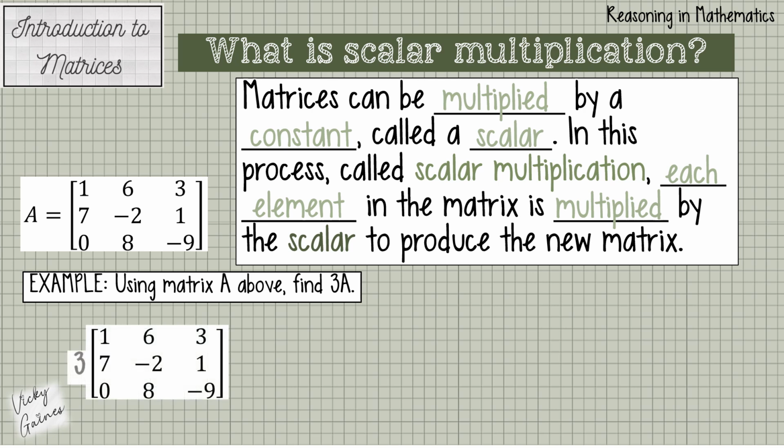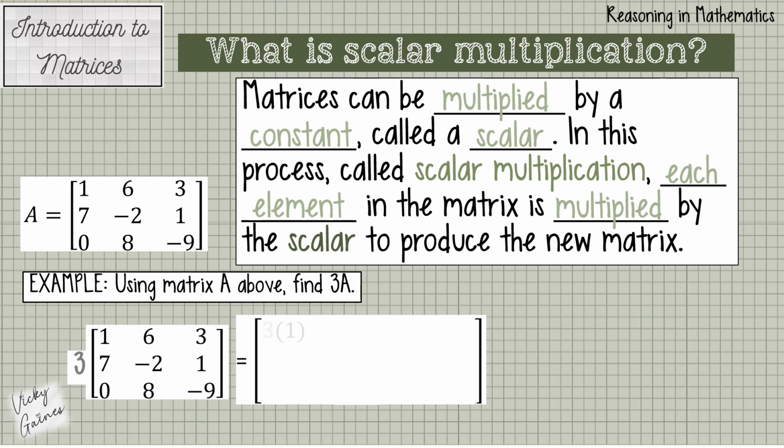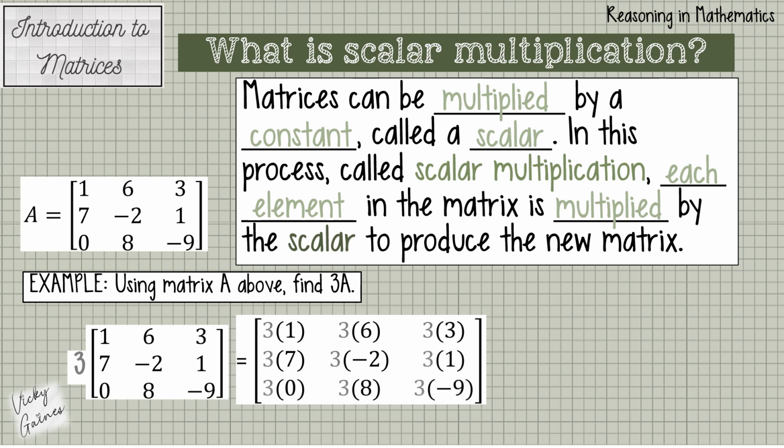So to do 3A, and that's how you can write it, just with the 3 out front, we multiply every single element by 3. So 3 times 1, 3 times 6, 3 times 3, 3 times 7, 3 times -2, 3 times 1, 3 times 0, 3 times 8, and 3 times -9.